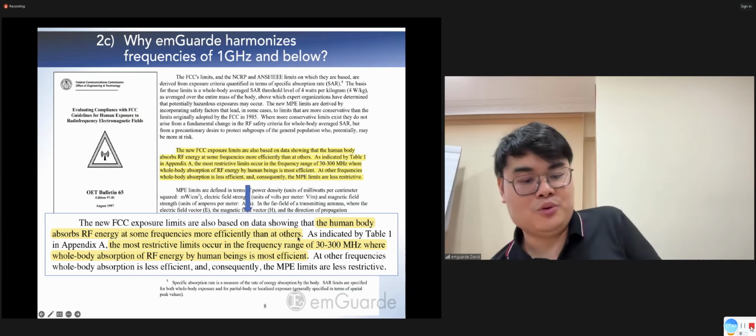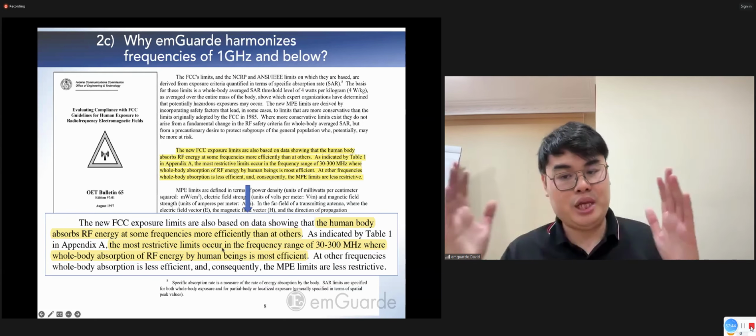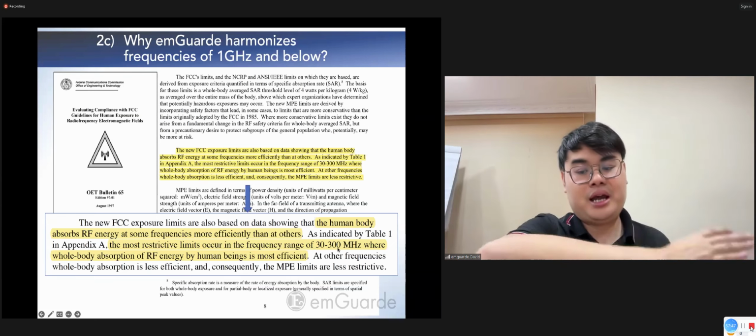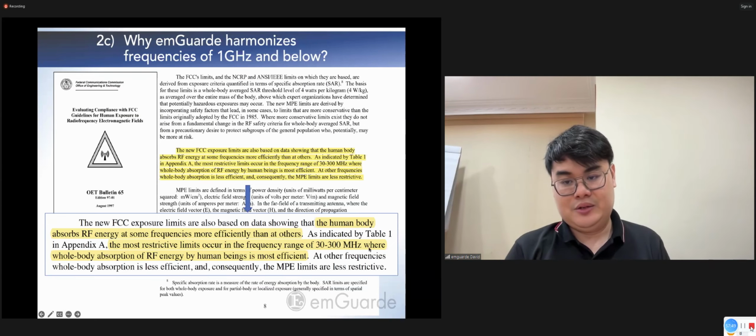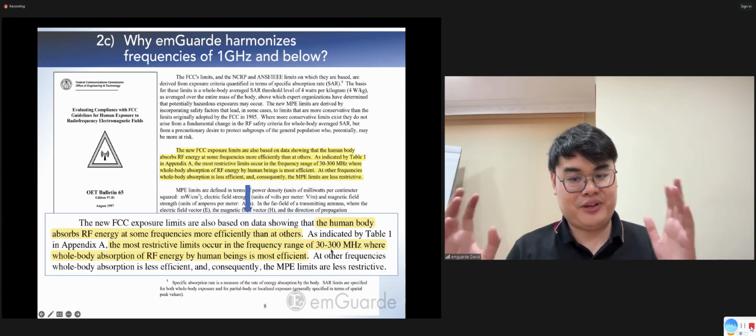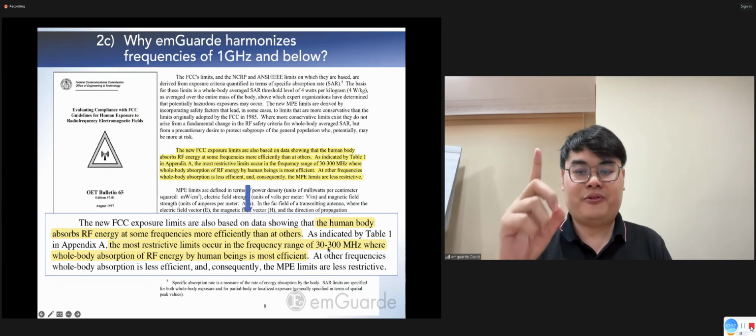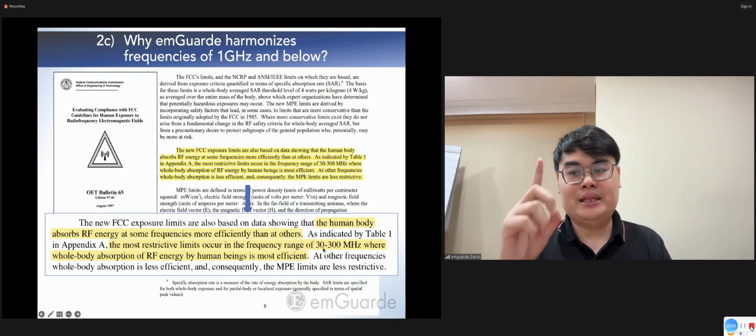Now the next keyword: the most restrictive limits occur in the frequency range between 30 to 300 megahertz. What's the range? 30 to 300. So this is a very specific number. And for your information, 1 gigahertz represents 1000 megahertz.